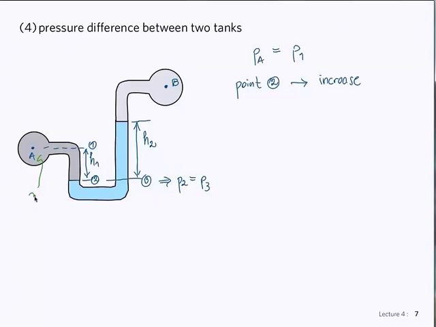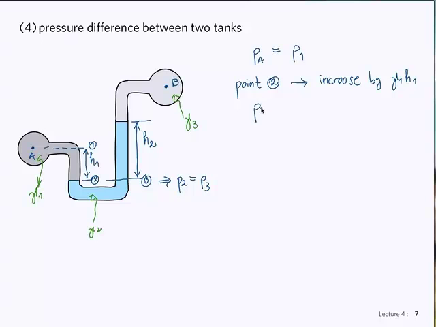So again, we have gamma 1 in there, gamma 2 in here, and we'll have a third fluid, gamma 3. To go to point 2, we increase by gamma 1 H1.